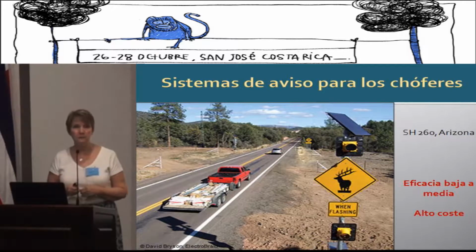Usually what that means is that the signs will light up when there's an animal in the road right ahead, and that is determined by some sort of remote sensing. One way, an animal will break an infrared beam and that will trigger a sign or a warning, and then drivers are, and this is the trick here, expected to act appropriately with that information. Of course, we don't know what that is.